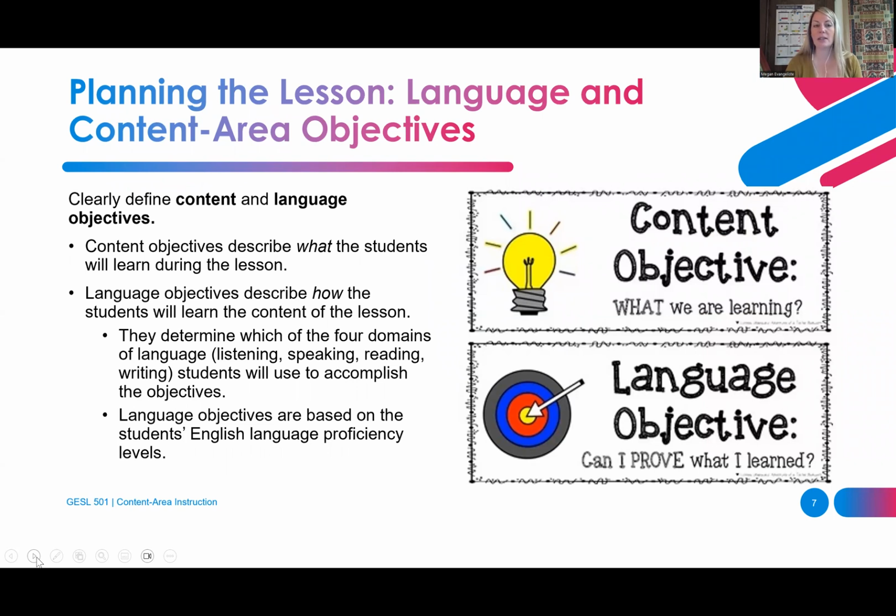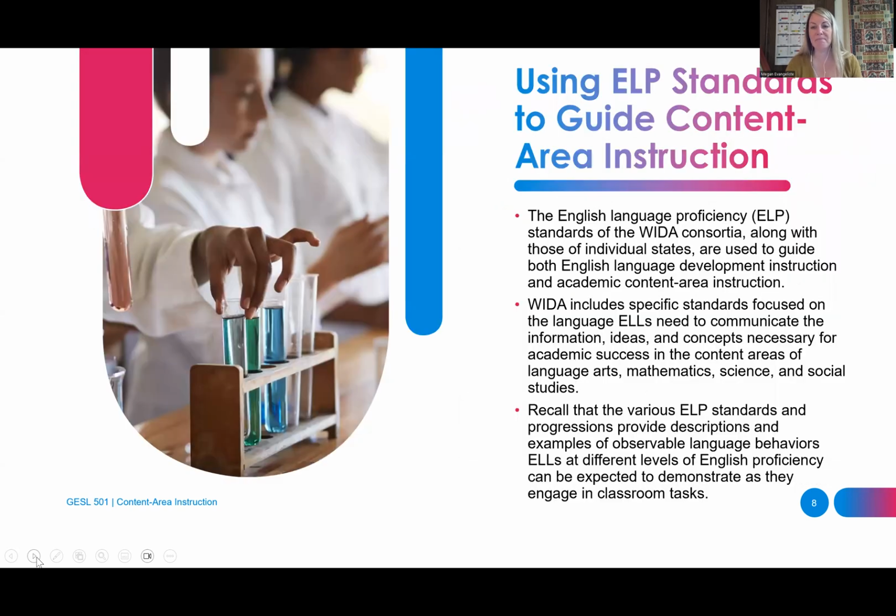The content objective describes what the students will need to learn during the lesson, and the language objectives describe how the students will learn this content. So they determine which of the 4 language domains, listening, speaking, reading, or writing, the students will need to accomplish learning the objective. Language objectives are based on the ELP level of the student.